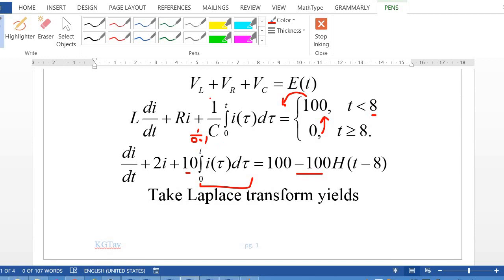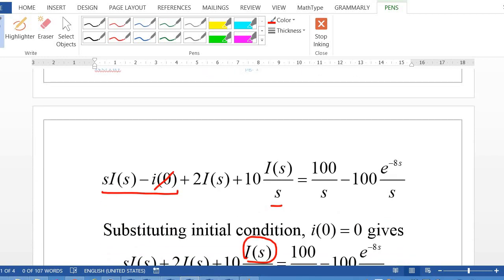The new thing is V_C: by Kirchhoff's voltage law it is 1 over C times the integral of I(tau) d tau from 0 to t. Here C is 0.1, so 1 over C becomes 10. Taking the Laplace transform of 10 times the integral of I(tau) d tau from 0 to t gives 10 over s times I(s). This is a new thing here.